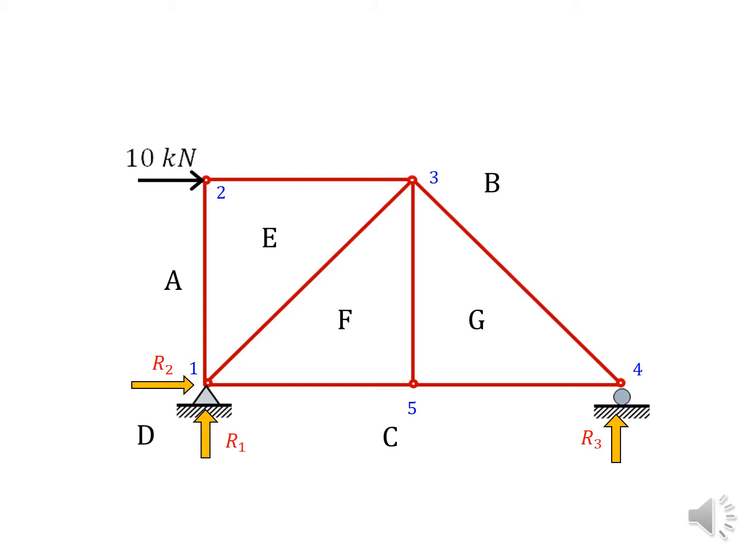Similarly, the member force of the member between joints 1 and 2 we can mark as FEA. So likewise, we should know how to identify the force with reference to the space labels.